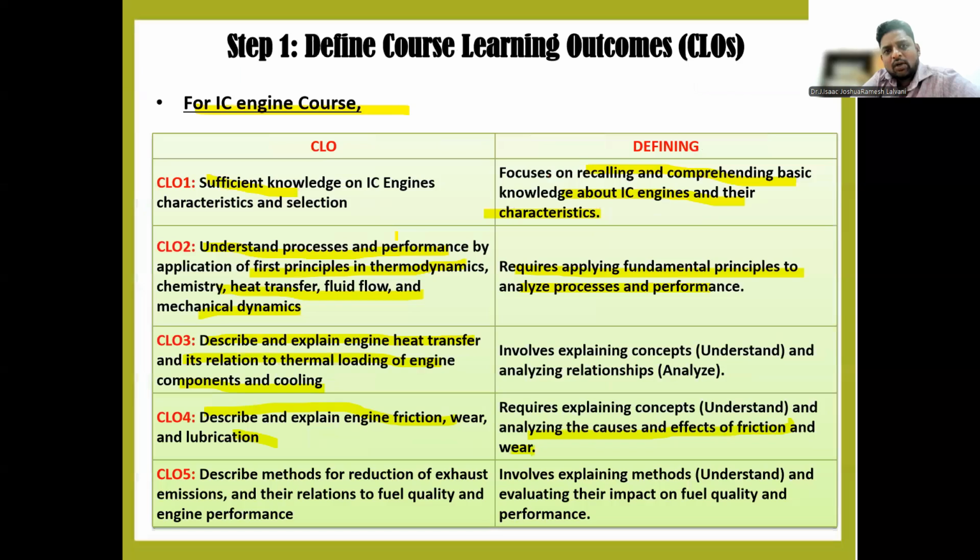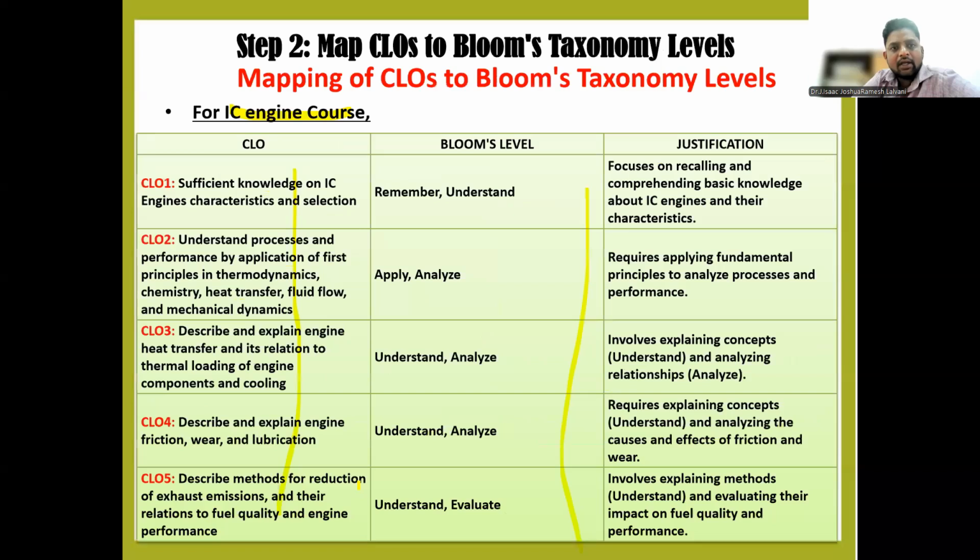First, I took all my course learning outcomes and defined the levels myself. No need to write, I just defined it myself. For the IC Engines course, the course learning outcome sufficient knowledge on IC engine characteristics and selection comes under the Bloom's levels remember and understand. And course learning outcome 3, describe and explain engine heat transfer and its relation to the thermal loading of the engine components and cooling, comes under understand and analyze.